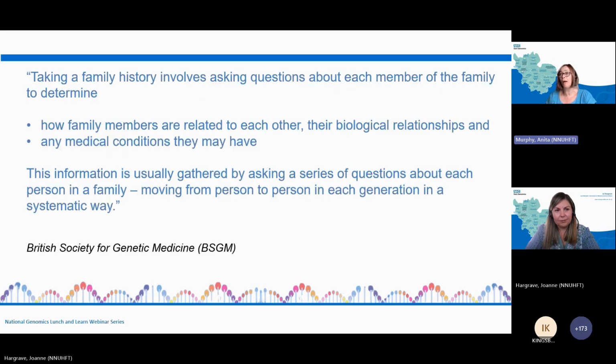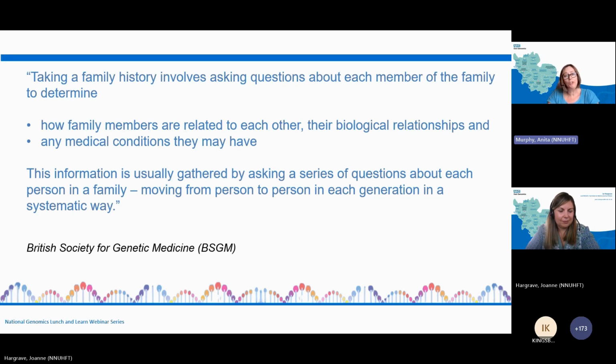And just reflecting back on the poll, we've got some really key points, and risk has been the biggest thing that's come up. I'm just going to read this quote out to you from the British Society for Genetic Medicine. Taking a family history involves asking questions about each member of the family to determine how family members are related to each other, their biological relationships, and any medical conditions they may have.